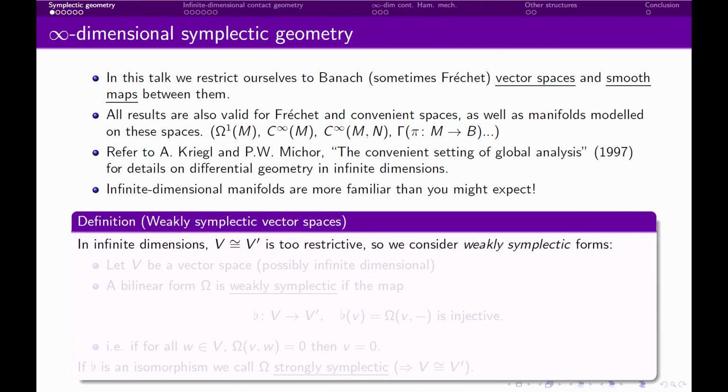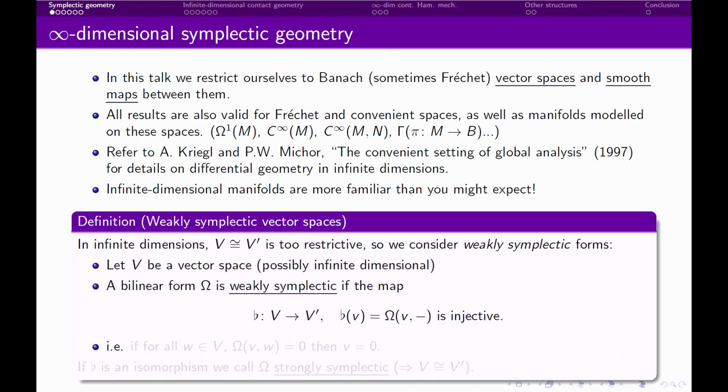our first definition is that of a weakly symplectic vector space. In infinite dimensions, you can't restrict yourselves to cases where your vector space is isomorphic to its dual, because there are so many infinite dimensional vector spaces where this just isn't true. And so we'd be restricting ourselves to only really boring cases. So we have to consider weakly symplectic forms.